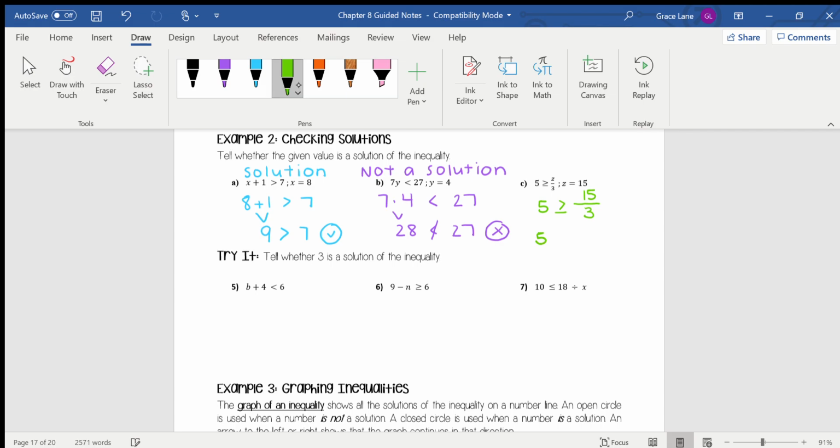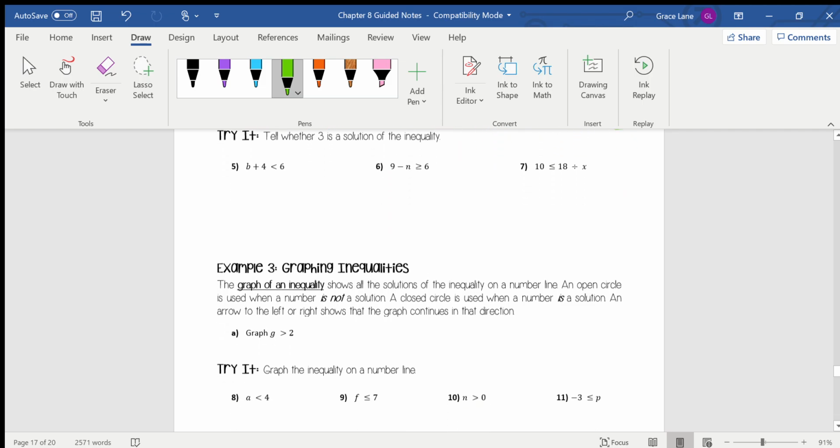So work this out. 15 divided by 3 is 5. Is 5 greater than or equal to 5? Yes. So this letter C is a solution.